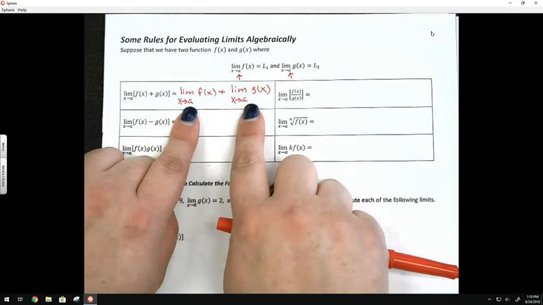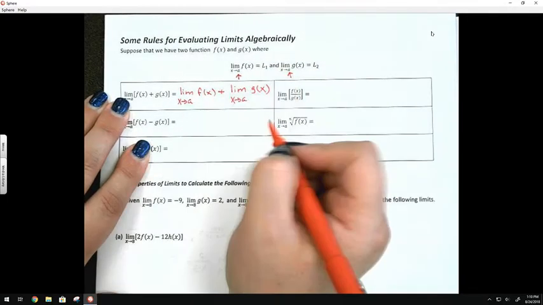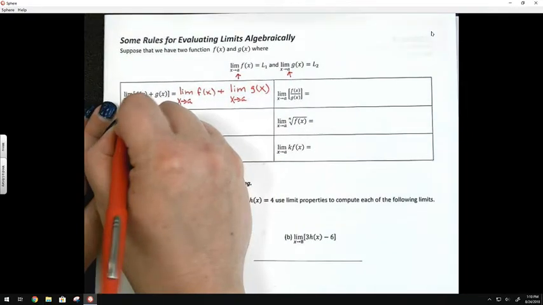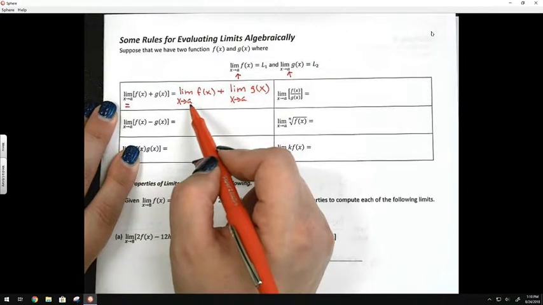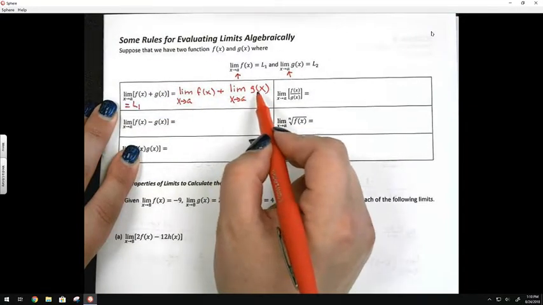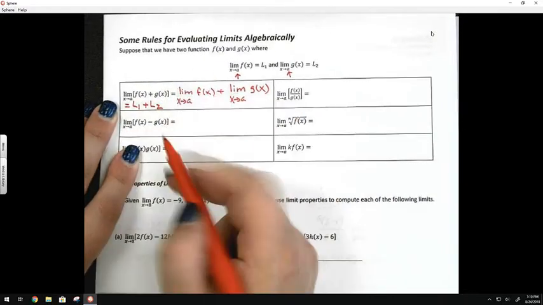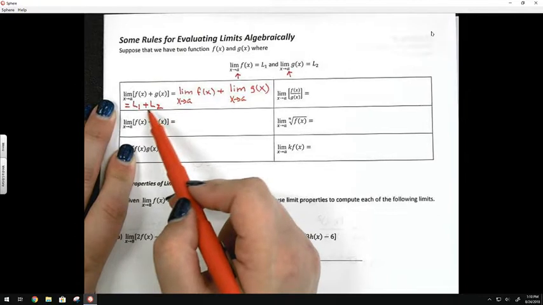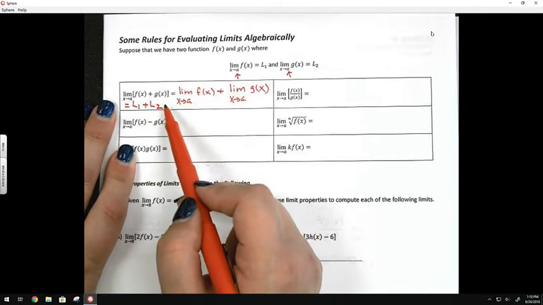I can break it up, all right? Don't overthink it. I'm going to write it over here, but the limit of f of x as x approaches a is just L1. And then the limit of g of x as x approaches a is just L2, which means I can just add my 2 limits together. All right, this is really just some fancy notation for, hey, add the limits together.